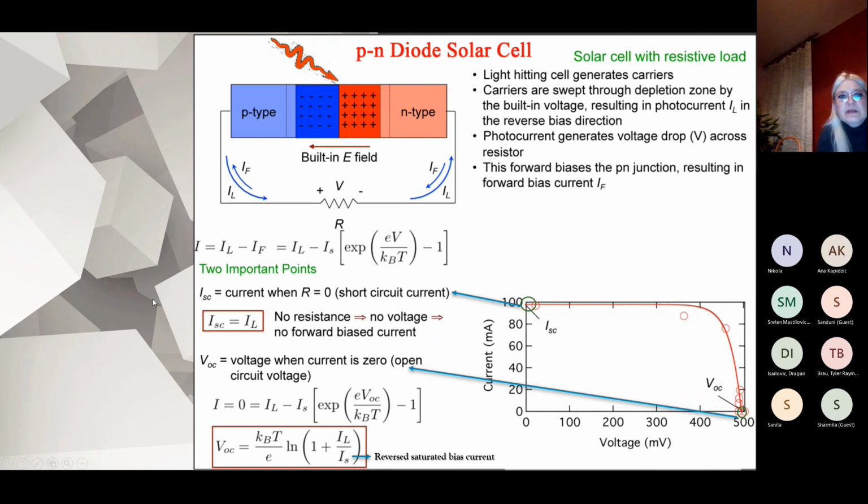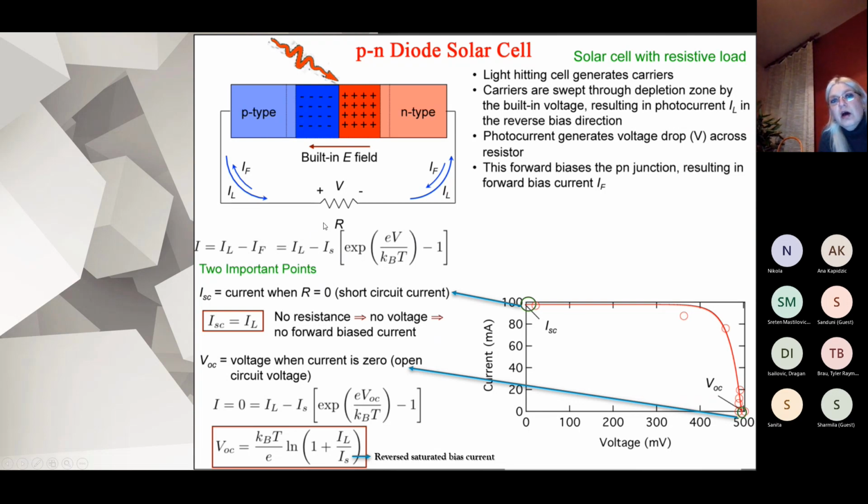So here we can say that the whole current we can write as the light-induced current minus the forward bias current, because the forward bias current has the opposite direction to the light-induced current. And the forward bias current is just given by the ideal diode equation.